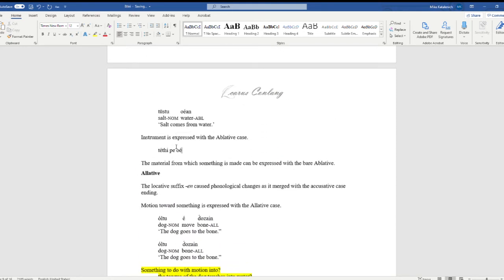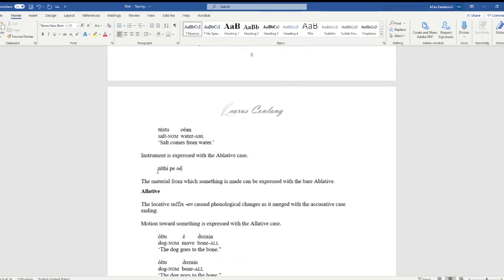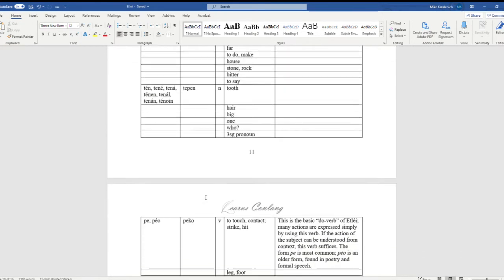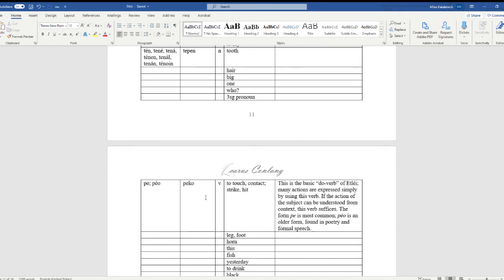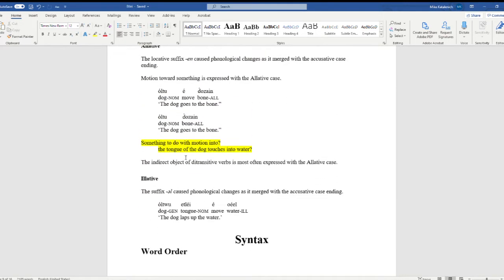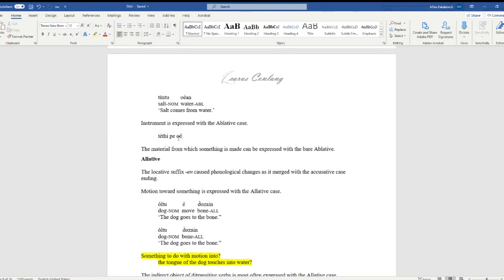And then where do I want the ablative to go? Oh, this one usually goes to b, doesn't it? Yeah. So tethi pe away. The bird does something to the water with its wing. The bird comes into contact with the water with its wing.